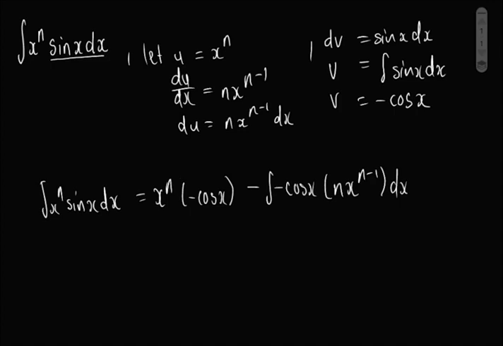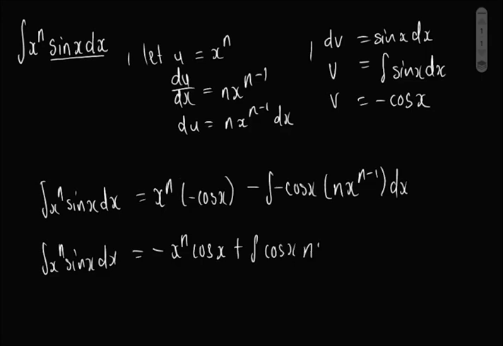Okay, so we go again now. What are we going to have? The integral of x to the n sine x dx is therefore equal to, negative comes in front, negative x to the n cos x. This negative comes out, it becomes plus integral of cos x multiplying n x to the n minus 1 dx.